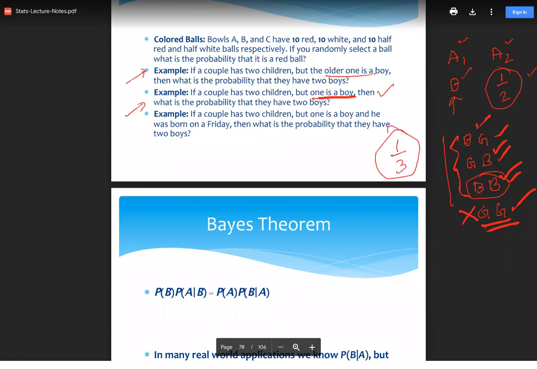So if we know that one of them is a boy, the probability of getting two boys is 1 out of 3. Now one could potentially argue, what about boy, girl and girl, boy? They could be the same thing if we don't consider order.